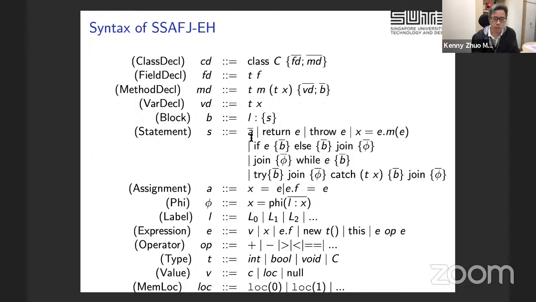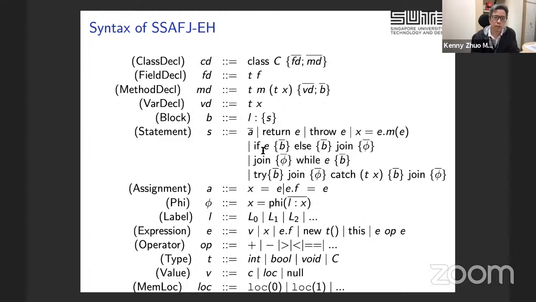The SSA form restricts each variable to be assigned only once, and the merge of different variables into the same variable from different branches is done by choosing the phi assignment. So, for example, we will see later that in some cases we have to create an alias for multiple aliases of the same variable in different branches, and then we need to perform a merge.